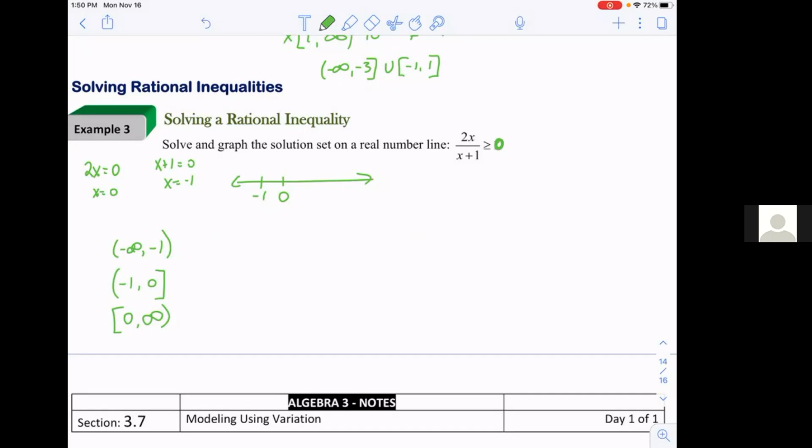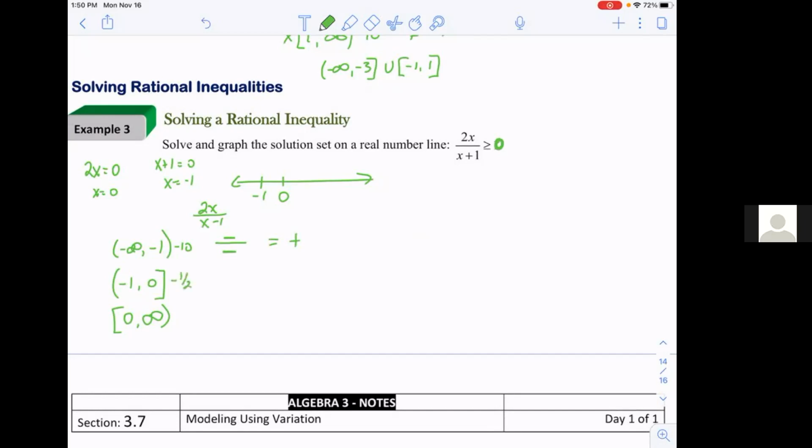And now we're sign testing again. We're doing exactly what we did before, except now instead of worrying about a product, we're worried about a division or a quotient. So we have 2x over x minus 1. I'm going to use some number in this interval. Let's say negative 10. That creates a negative on top and a negative in the denominator. Two negatives make a positive. Okay, this one becomes the hard one.